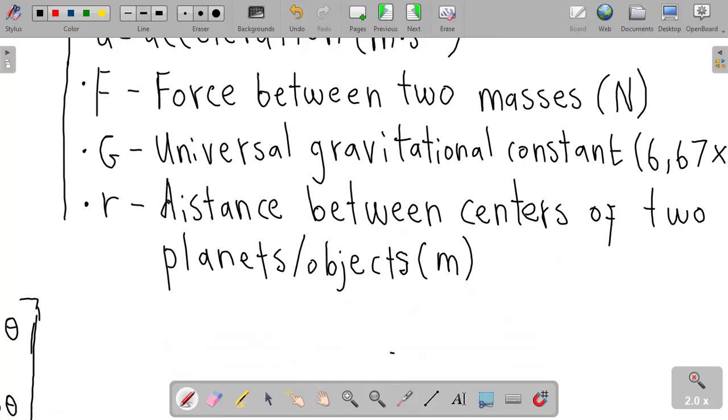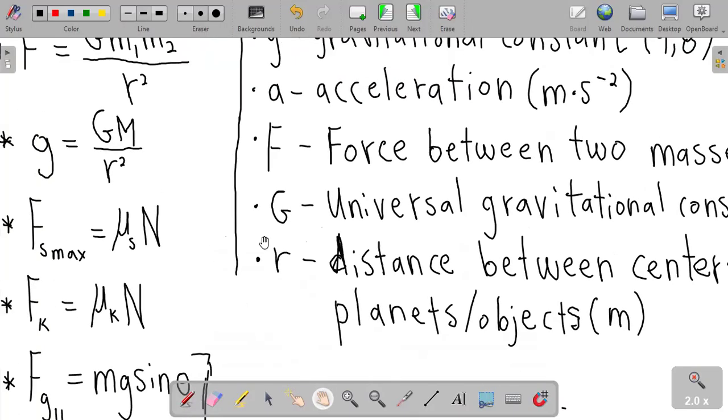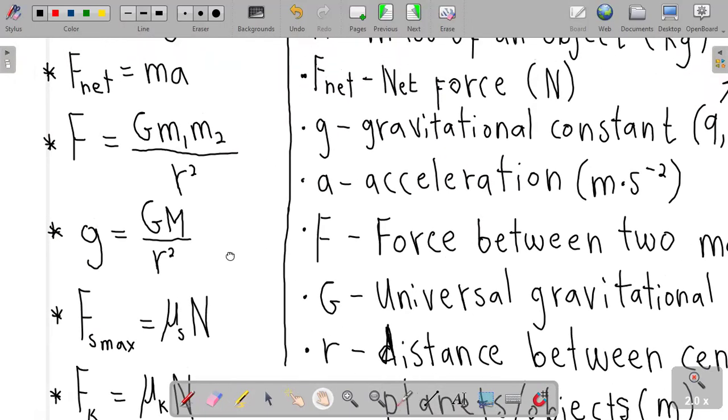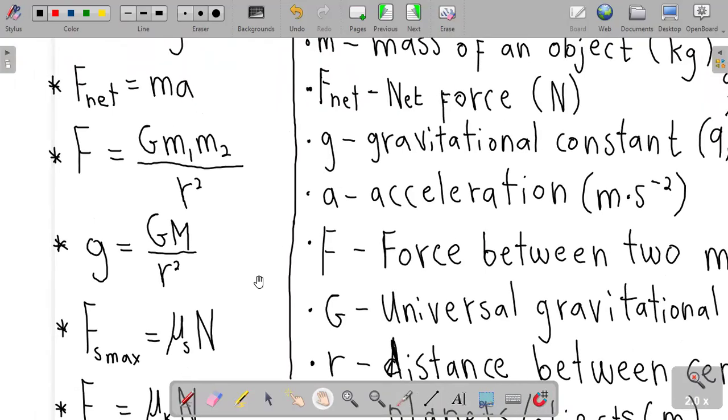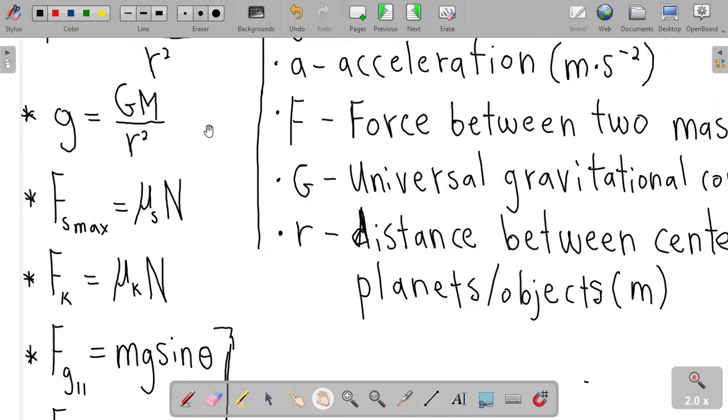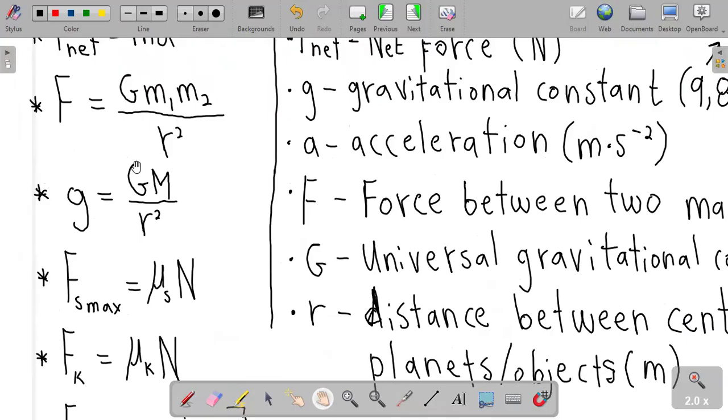This is D, distance. If that R here is used between two objects, then it is distance. But if it's one object like that, it is a radius.